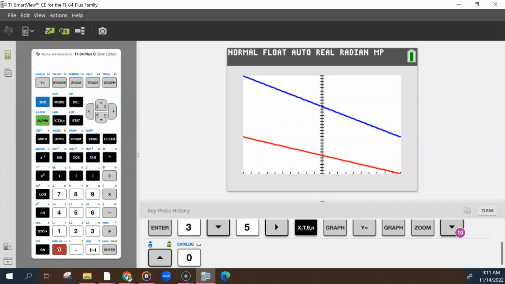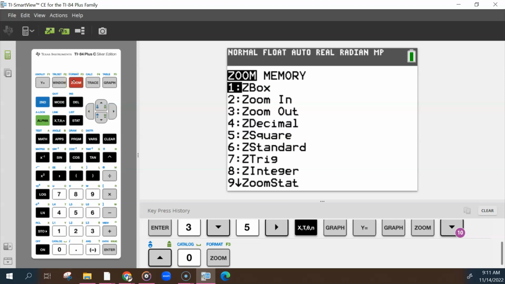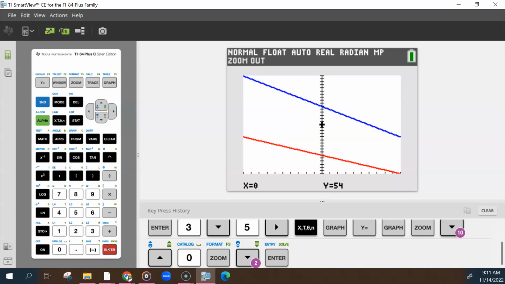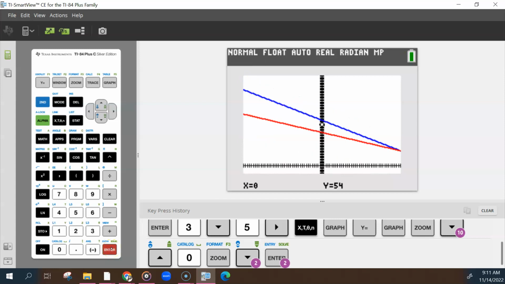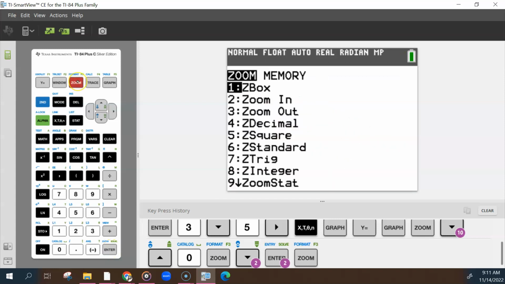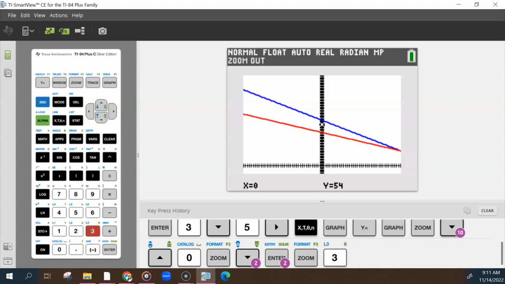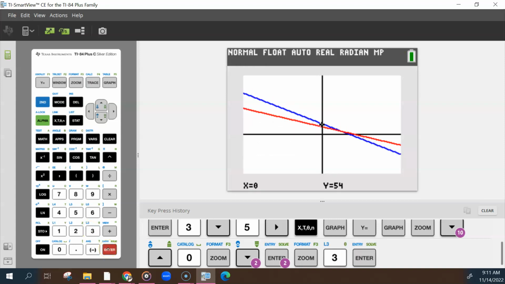These will eventually cross, but not in this. So I might need to zoom out again. There we go. Now I can definitely see that they cross.